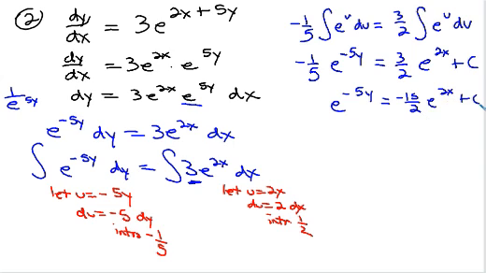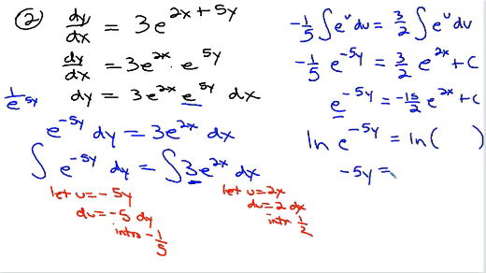And algebraically, what do you think we should do? We're trying to get y by itself. I've got this e over here. It makes sense to take the natural log of both sides. Take the natural log of this side, take the natural log of this side. On the left-hand side, we get our -5y.